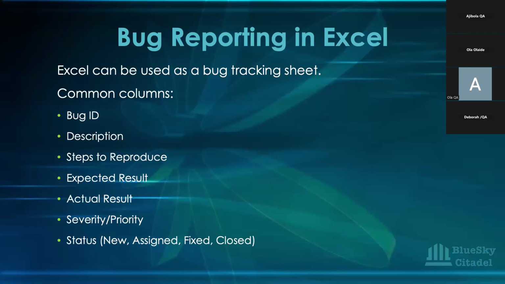When it is fixed, it means the developer has fixed the bug, so we testers need to do the retesting again. Then after that, it is closed. Once it is closed, it means that we've tested it, it works as expected, so we can now close the bug.